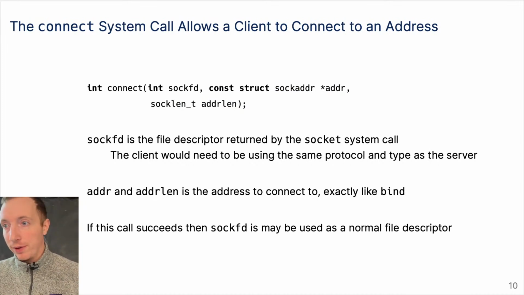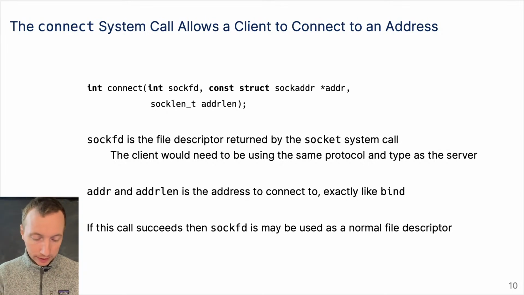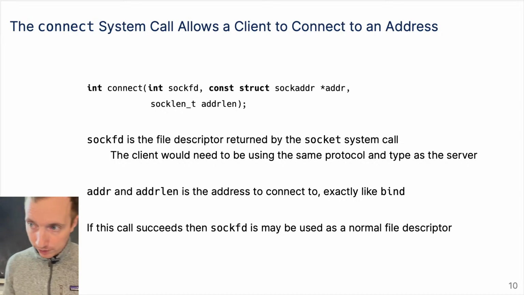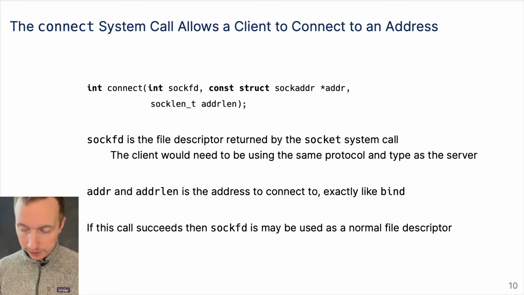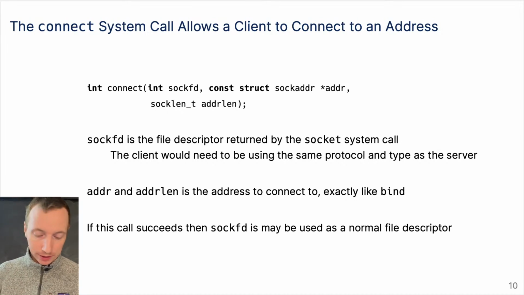Now the client side of it. The client still has to call socket, and we know how that works, so it's not any different. In the client, it has to do a connect system call to connect to an address. So you give it the socket file descriptor, and then you give it the socket address that we saw before. sockfd is just the file descriptor returned by the socket call, and you have to make sure that the location you're connecting to is the same protocol as what it expects, otherwise you're going to get an error.